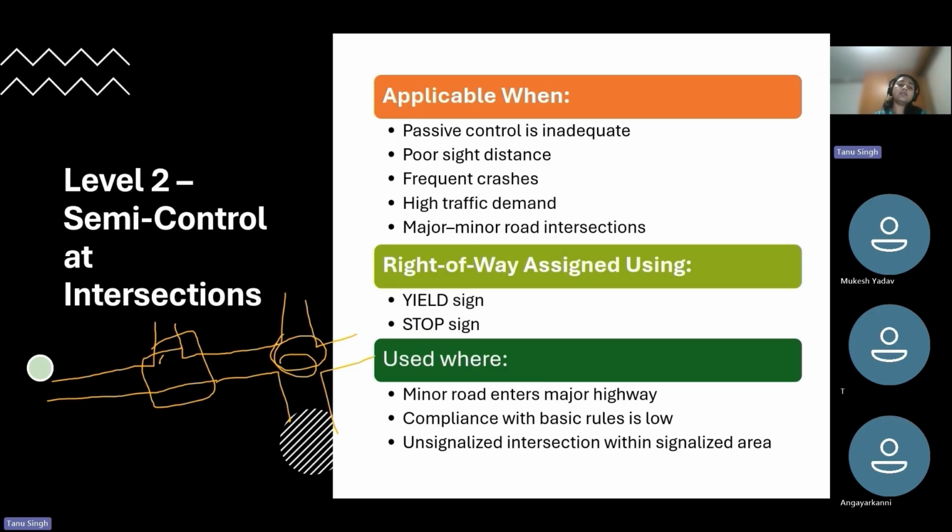For example, if the traffic light is green in this case and vehicles are driving, at that moment we can use the stop sign for this minor road, whereas when the traffic light is red for this intersection, in those cases we can use the yield sign for the vehicles entering the major road. So this was about the semi-control thing.